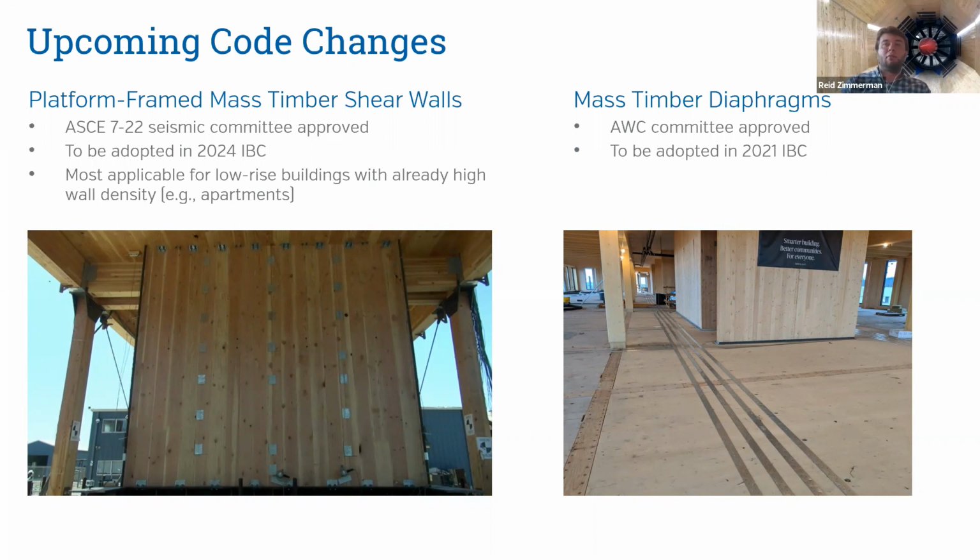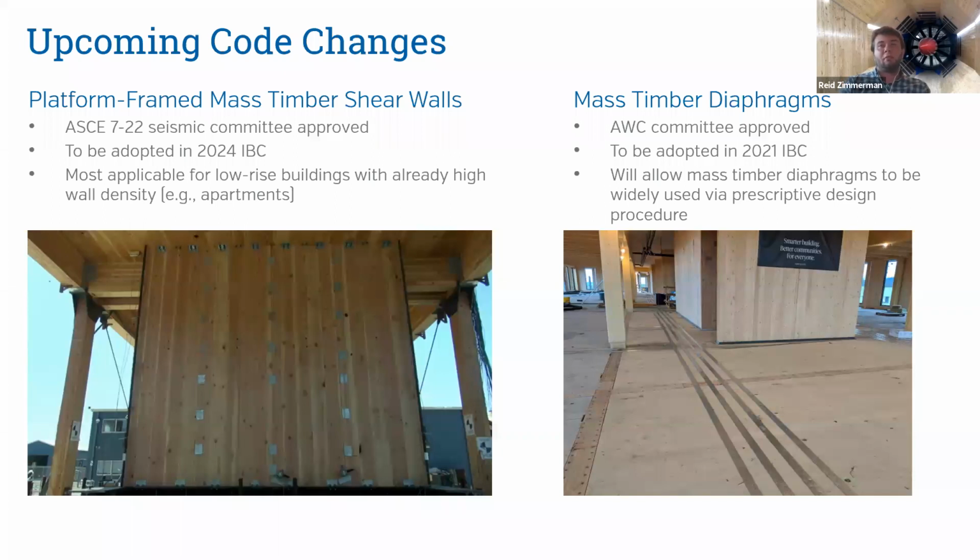I think it's going to drastically expand our ability to use mass timber diaphragms prescriptively, something we've all recognized: CLT diaphragms aren't light frame diaphragms. They should be able to span farther. They have way more capacity. They're much stiffer. So I think that's now going to be reflected. And this also will allow you to cantilever longer and farther than 35 feet with a CLT diaphragm.